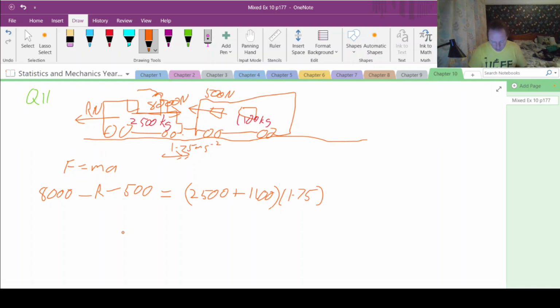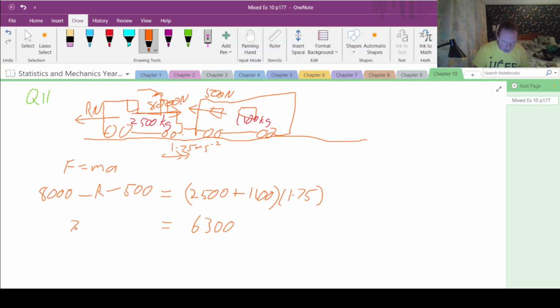So the right hand side there, 2,500 plus the 1,100, that gives us 3,600 times 1.75 is 6,300. 6,300 on this side. 8,000 take away 500, of course, is 7,500.